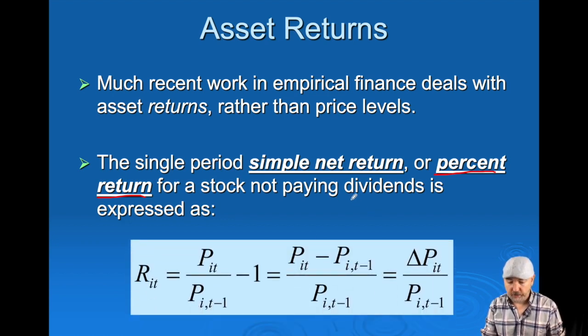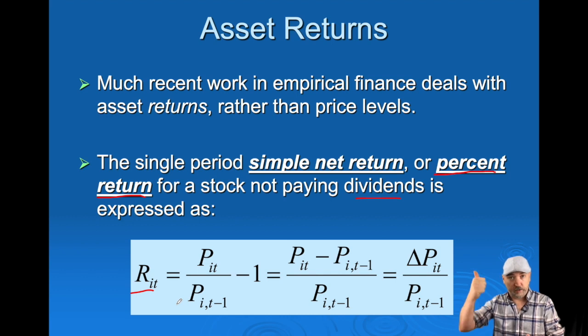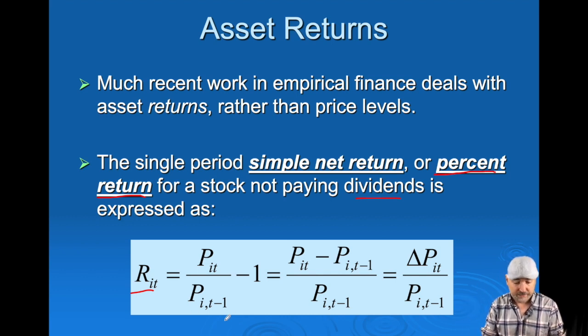Here we're ignoring splits and dividends, so we're assuming that's all been baked into the adjusted close. So our new notation here, R sub i t, is the return paid on asset i at time t, from period t minus 1 to t, so what you've earned today.